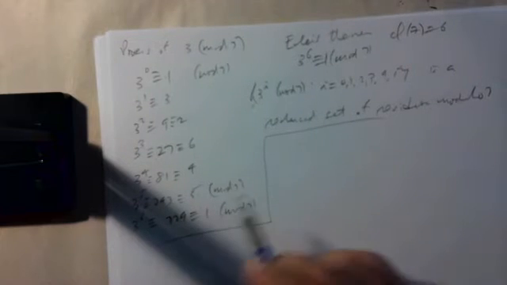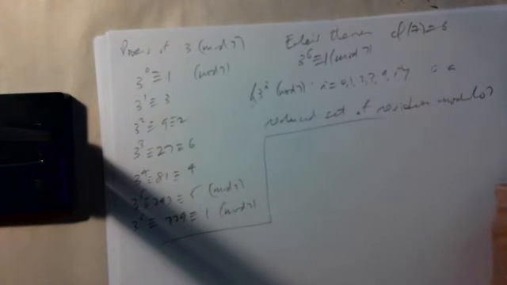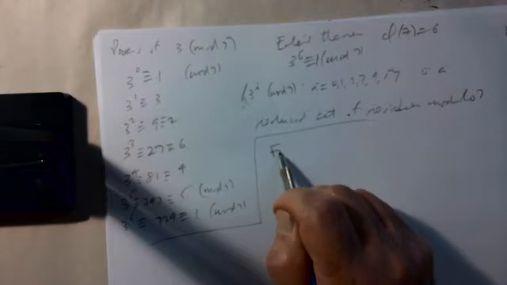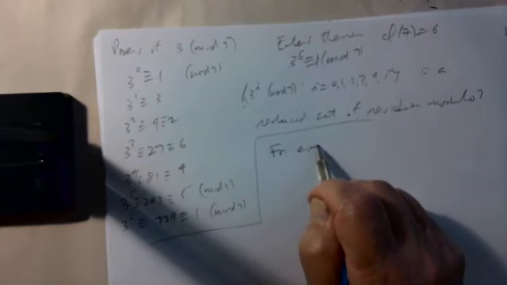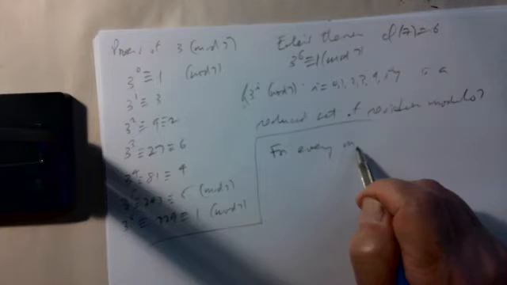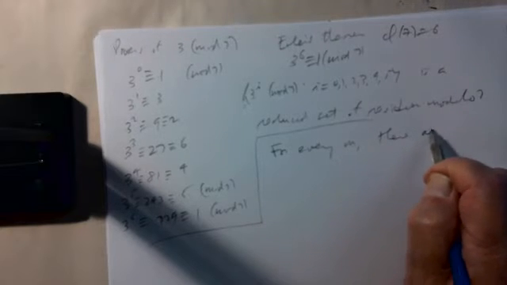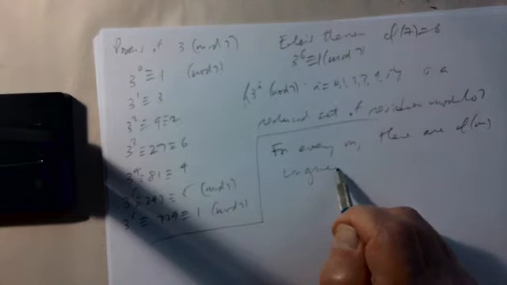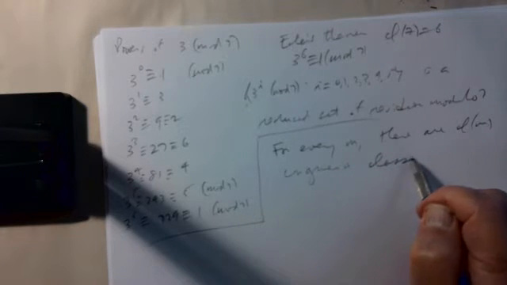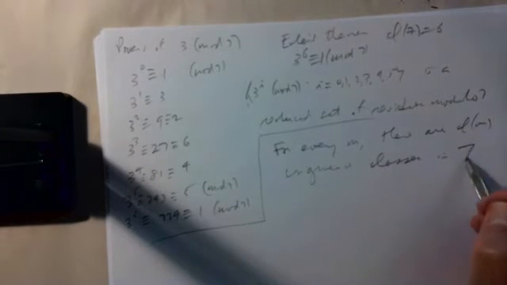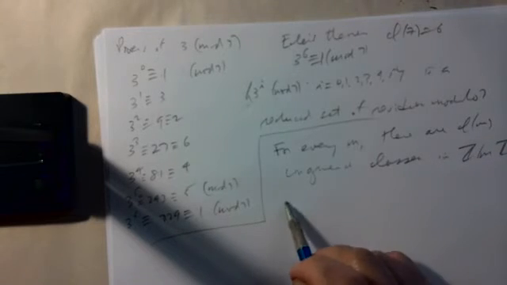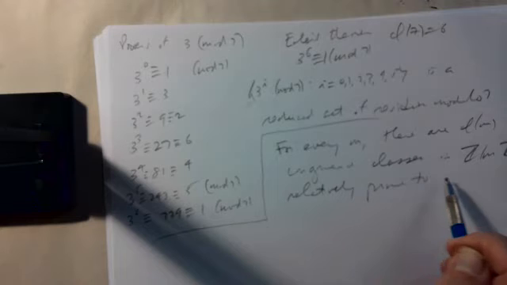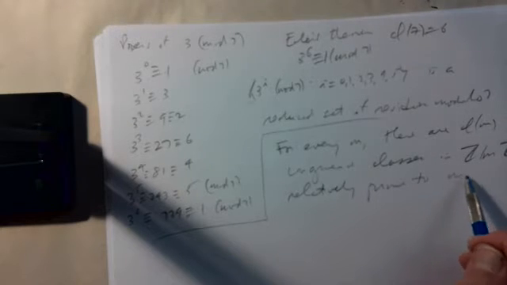And we give this kind of thing a name. So for any positive integer m, there are phi of m congruence classes in Z mod mZ relatively prime to m.